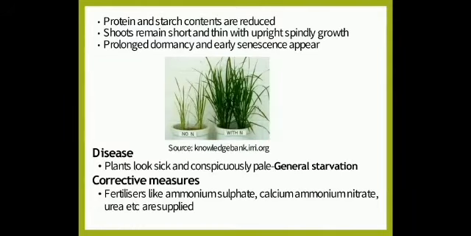The shoots remain short and thin with upright spindly growth, prolonged dormancy and early senescence appear. So the deficiency of nitrogen results in general starvation where the plants look sick and conspicuously pale. The corrective measures include the addition of fertilizers like ammonium sulfate, calcium ammonium nitrate, urea, etc.